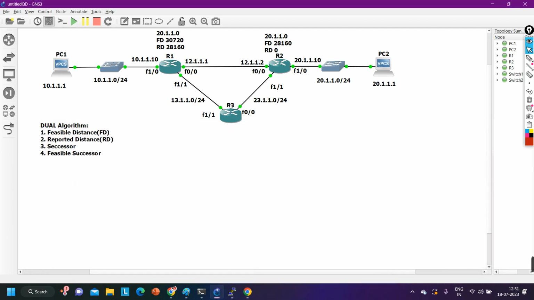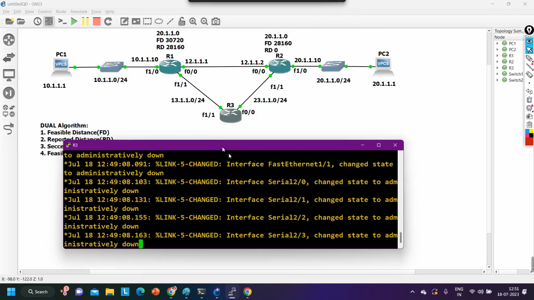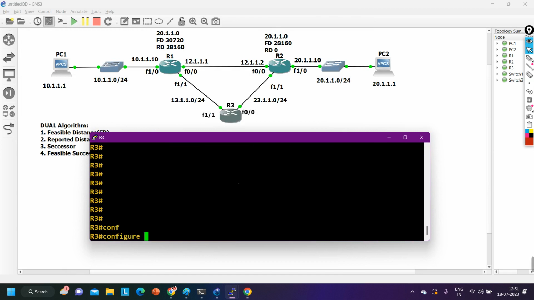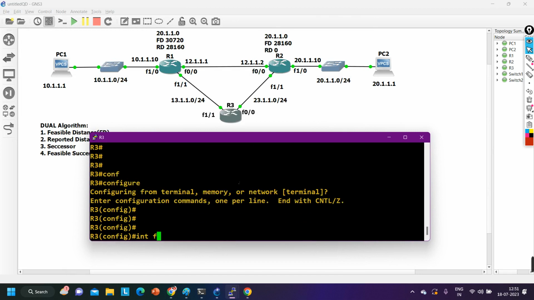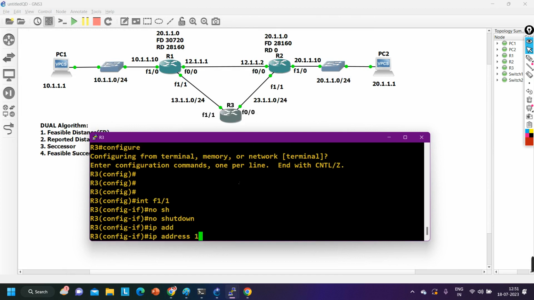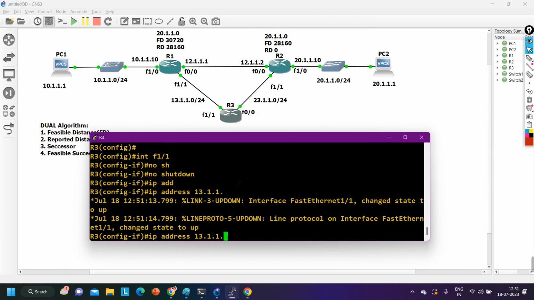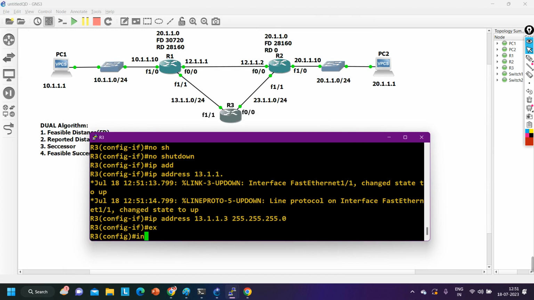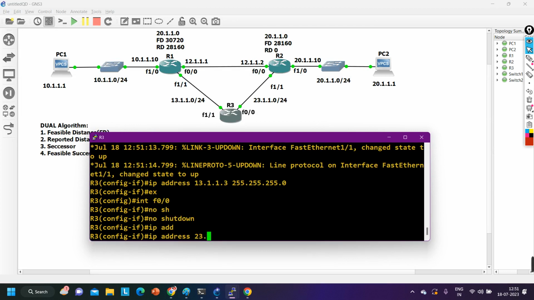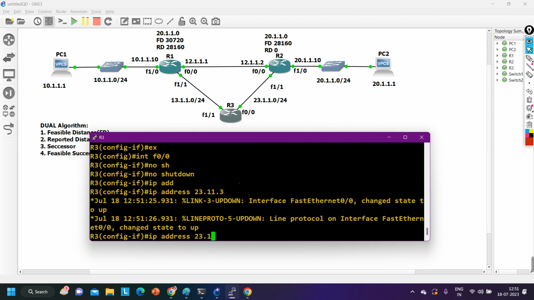Now let me take you to R3. On R3 I am going to configure IP first. Config t, interface f1/1, no shut, and IP address is 13.1.1.3. Exit, interface f0/0, no shut, and IP address is 23.1.1.3.